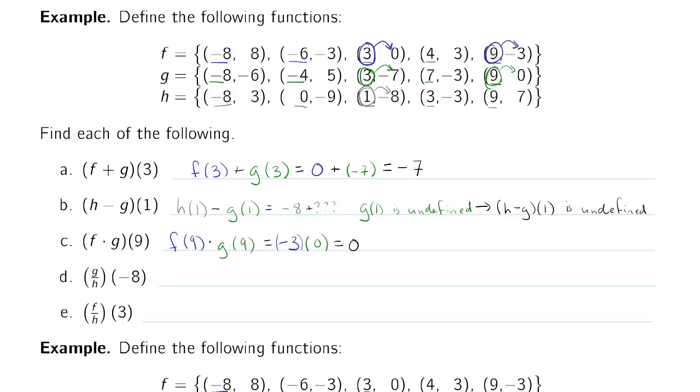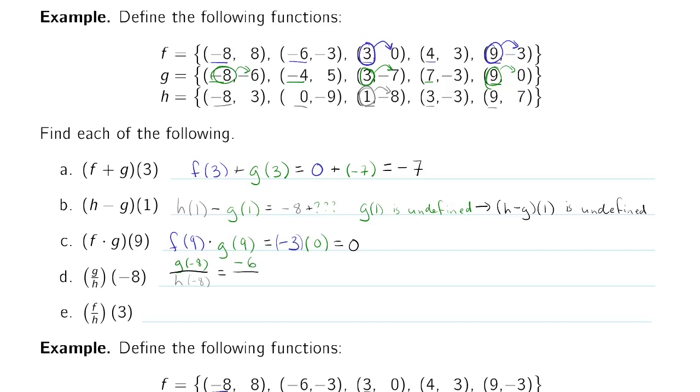If we want to take g over h of -8, that'll be g of -8 over h of -8. To take g of -8, we look in the function g. We see input -8 goes to output -6.